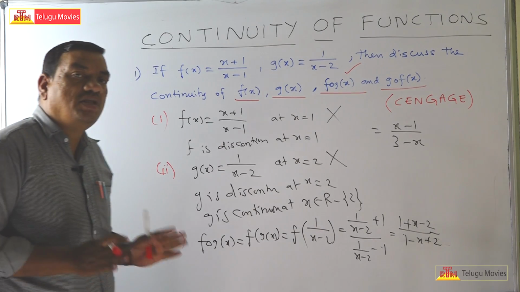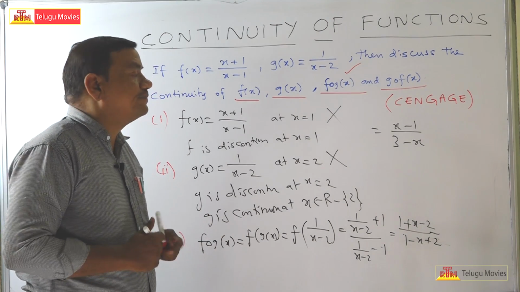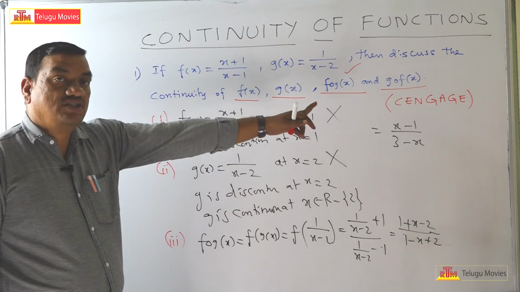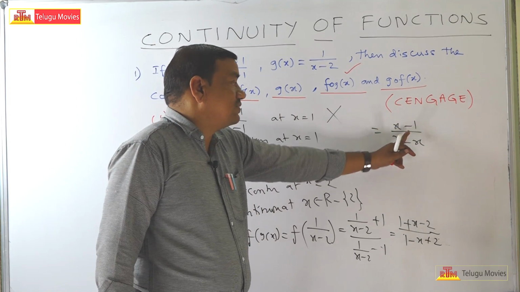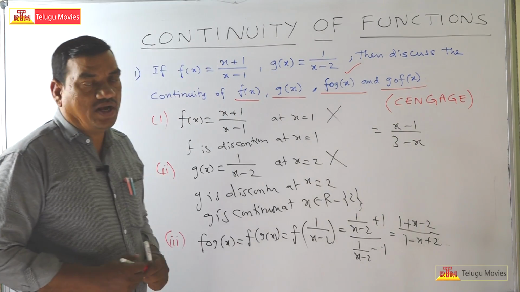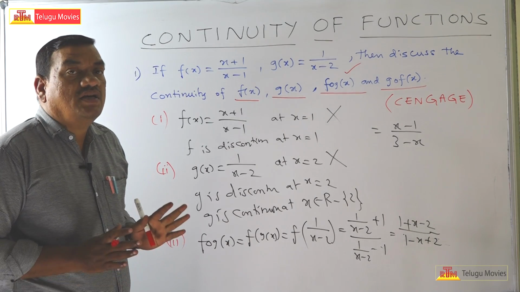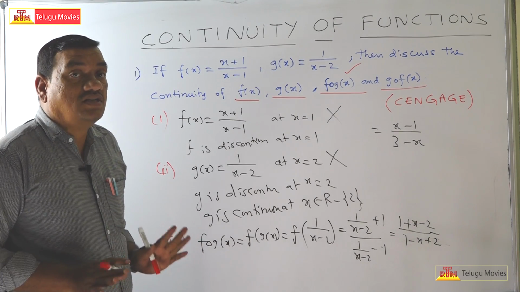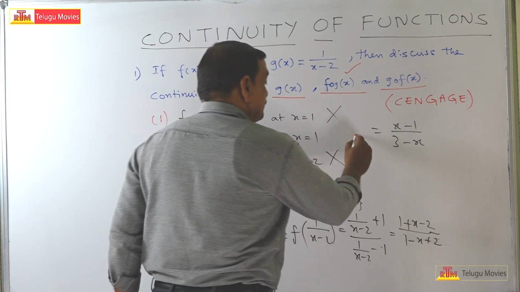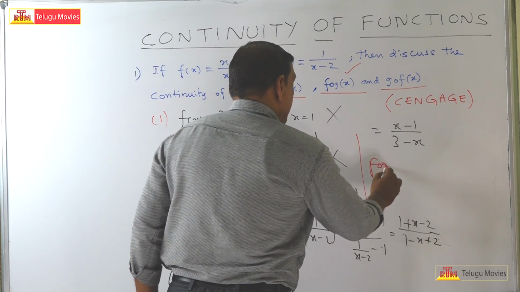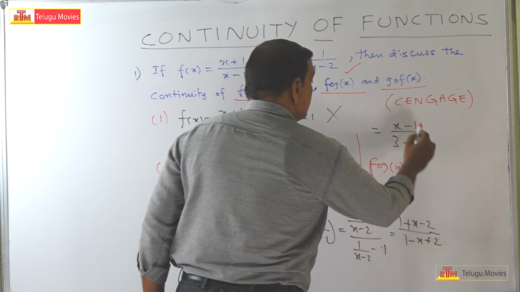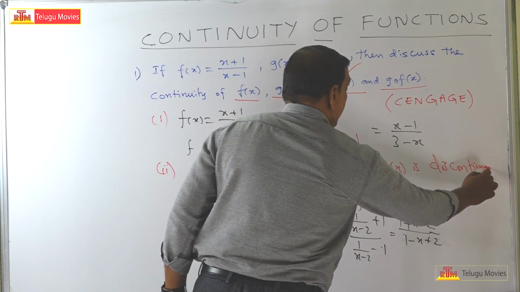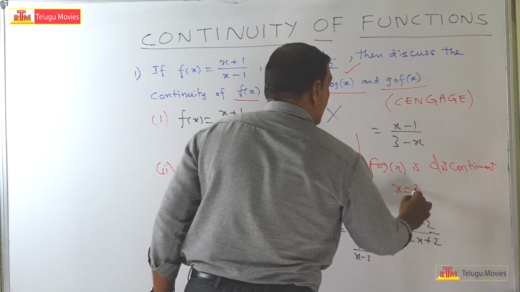Now please concentrate on this step. We got f circle g of x is equal to x minus 1 by 3 minus x. Everybody, you have to be very careful while writing the answer here. f circle g of x is discontinuous at x is equal to 3.